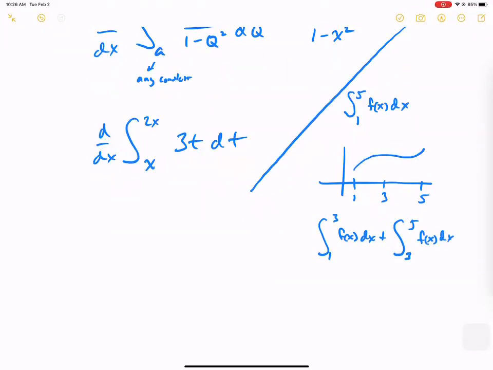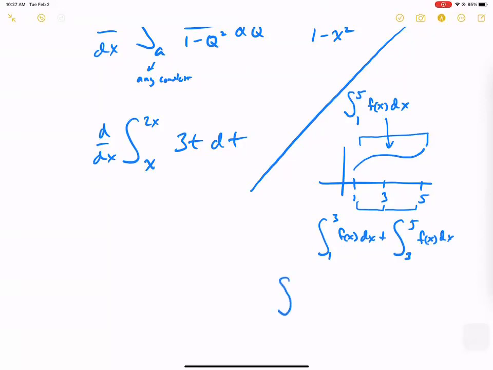If I go from 1 to 5, that's the whole trip. Instead, what if we add our two smaller trips where we take a break in the middle? Would they give me the same answer? Ideally, it should. And here's one of our rules for integration: you can always separate an integral.